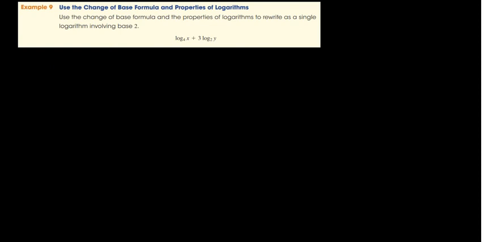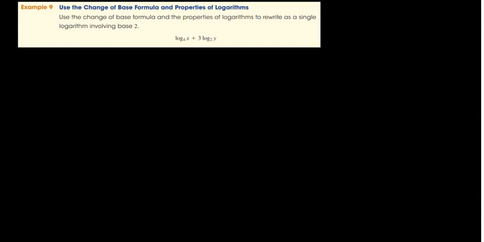In this particular case, it wants us to condense this equation into one simple equation, but with a base of 2. Well, we've done that a lot so far in today's lecture, but in those cases, our bases were the same. In this particular problem, our bases are not the same, so therefore we must make them the same, right? So in order to do that, we need to do the change of base.